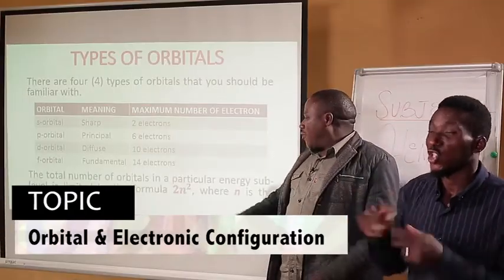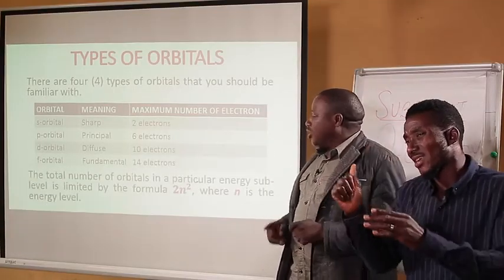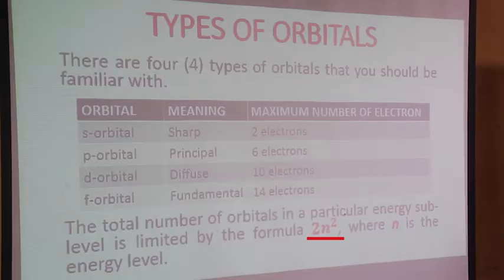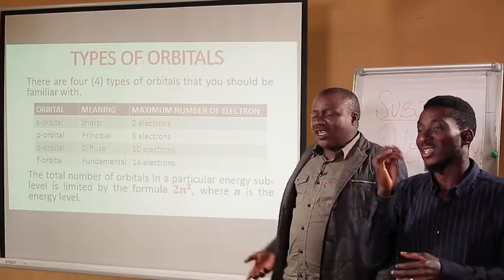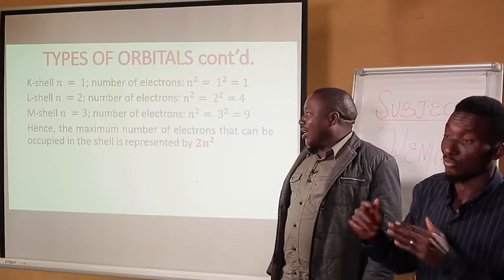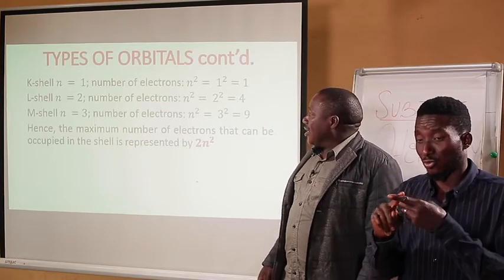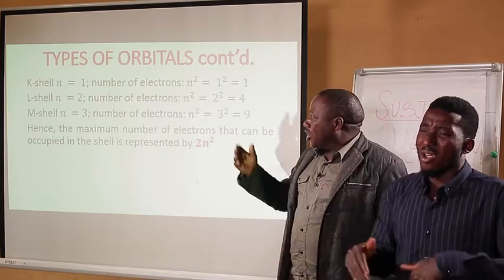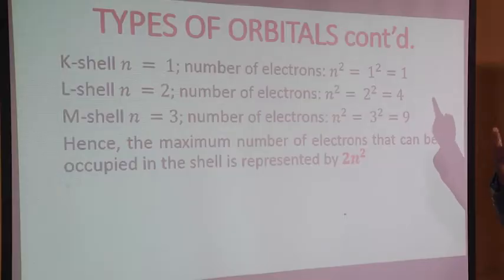Now, the total number of electrons in a particular energy level is limited by the formula 2n squared, where n is a variable. It could be 1, 2, 3, up to infinity. We use that to determine the number of electrons that each and every element can carry. Now, having said that, when we are talking about how to write electronic configuration, the shells are represented by the letter small n.